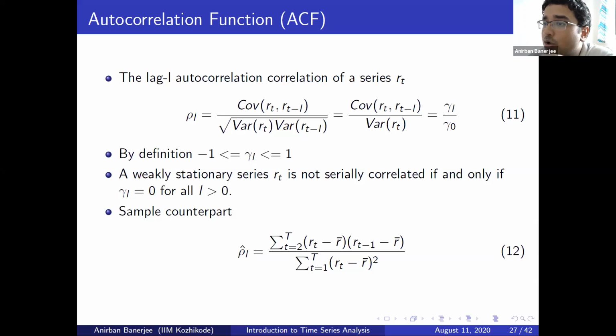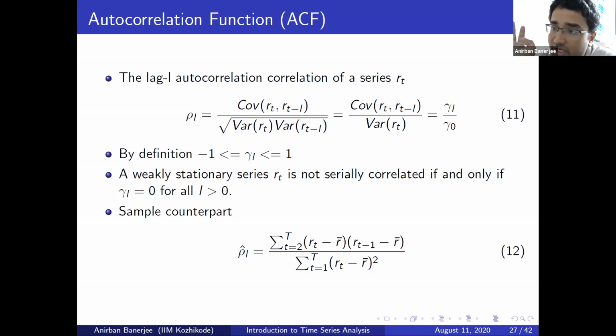A weakly stationary series RT is not serially correlated... Serial autocorrelation, we have possibly heard about this particular term being used in other courses. Is there serial autocorrelation present in this particular series or not? It can be used in concepts related to finance, economics, or strategy. There are various series where we are concerned whether there is serial autocorrelation in that particular series or not.